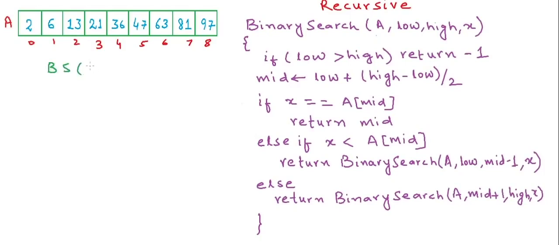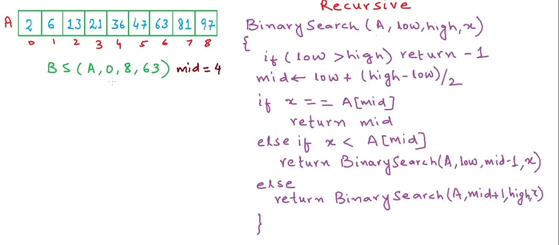Okay, we pass to the function the array A, and lower index should be 0 and higher index should be 8 to say that initially the number can exist anywhere in the array from index 0 to 8, and the number to be searched for is 63. Now we go inside the function. Is low greater than high? No. So we go ahead and calculate mid. Mid would be calculated as 4.